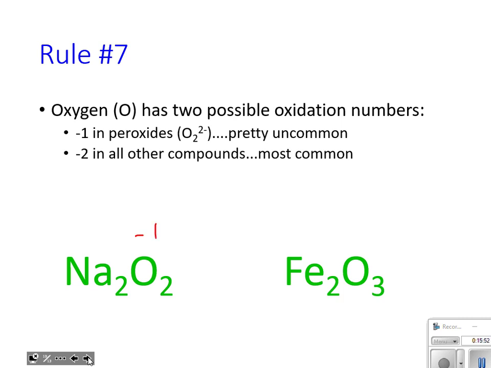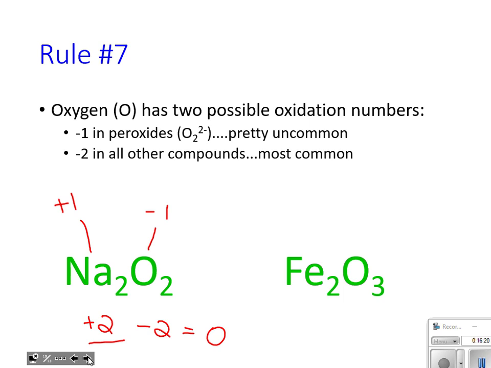There are 2 of them, so that's a total -2 charge. So to fill out my equation, this has to be +2. That has to be +2. So sodium has to be +1, which follows along with rule number 4, which states that the oxidation number of a group 1A metal is +1.